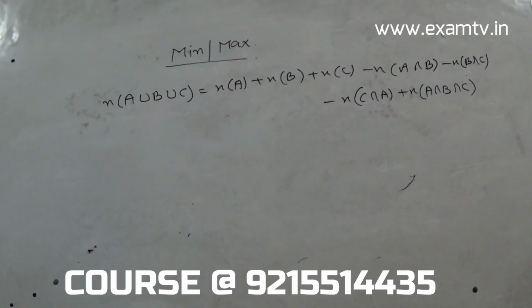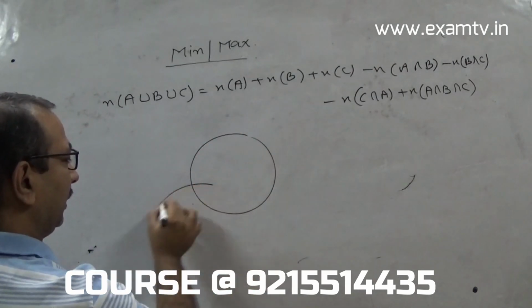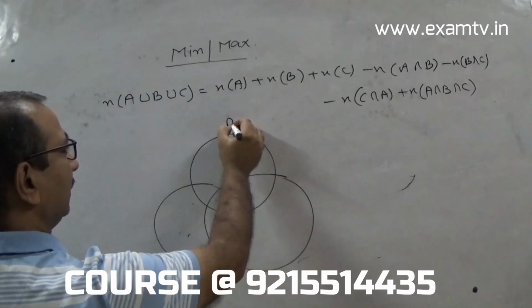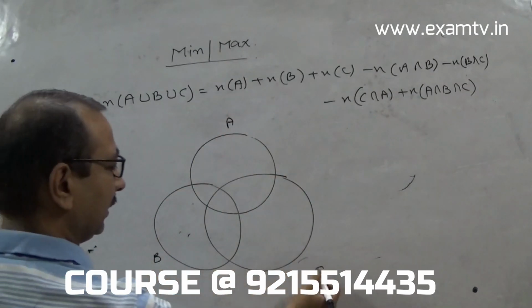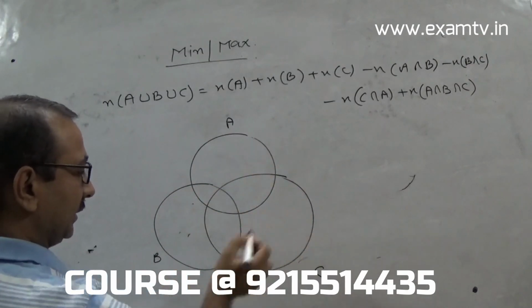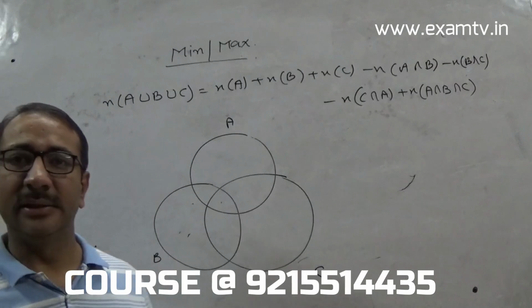And one more thing that I explained in my previous session: whenever we have a question based on three parameters, we draw it this way. Let us say this is A, this is B, this is C. This portion is common to both A and B. This is A and C, and this is B and C. And this is common to all three, A and B and C.